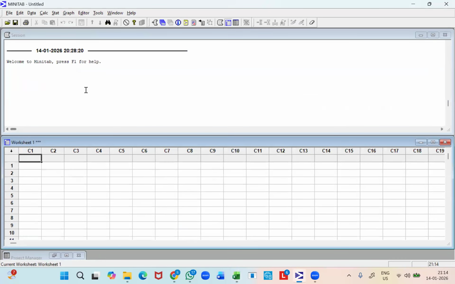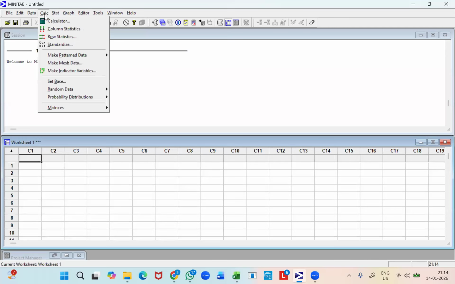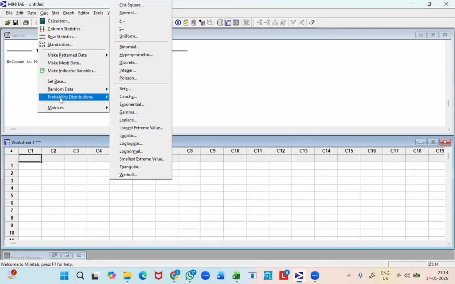So in Minitab, we are going to use this tab, Calc. So just click on this Calc tab at the top. So you'll get to see the probability distributions as one of the menu. So you have a host of probability distributions pertaining to both discrete and continuous data.